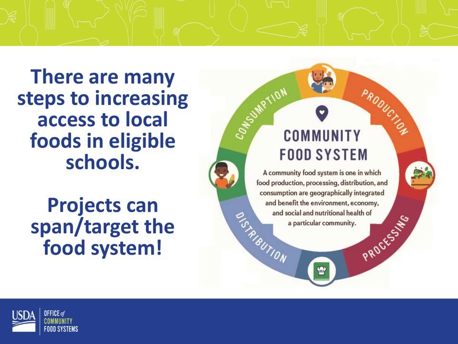Distribution, which could involve manufacturers, and then consumption, which obviously involves our students who are at eligible schools. But there are many parts to the food system and many steps between getting that local food product from the farmer to the school. So think about what those obstacles and challenges might be for that process to happen, and how your project could potentially solve that problem.